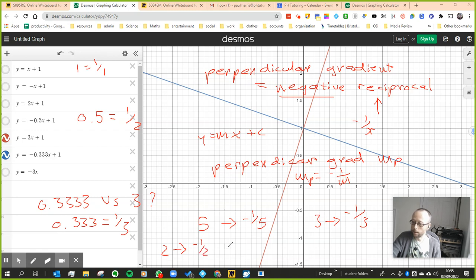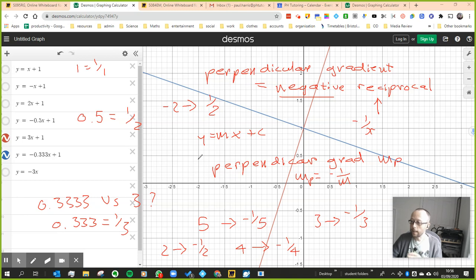Negative 1/2. What's the negative reciprocal of 4? Negative 1/4, yeah. So what's the negative reciprocal of -2? Yeah, exactly. So negative reciprocal means 1 over whatever, and then the negative of that.